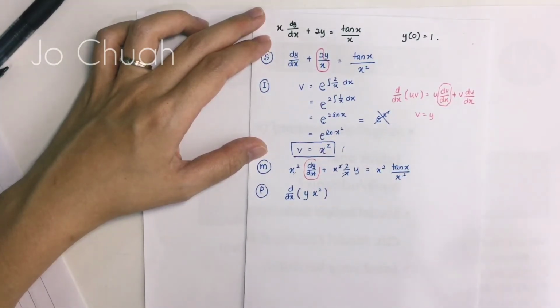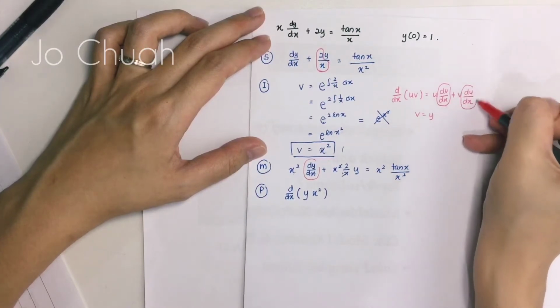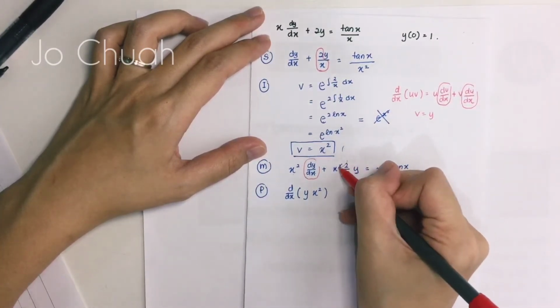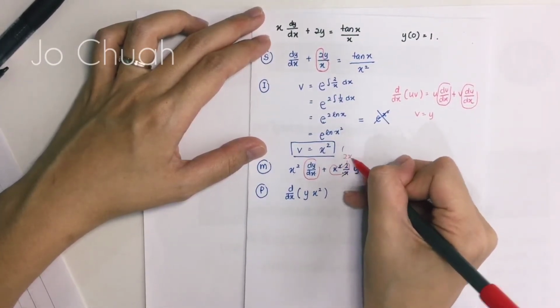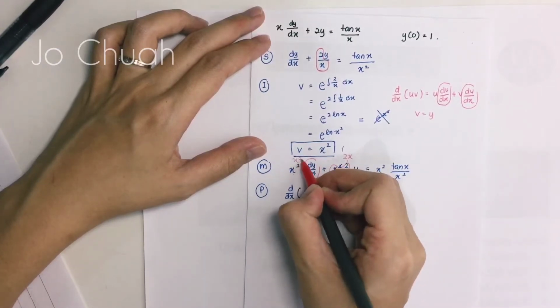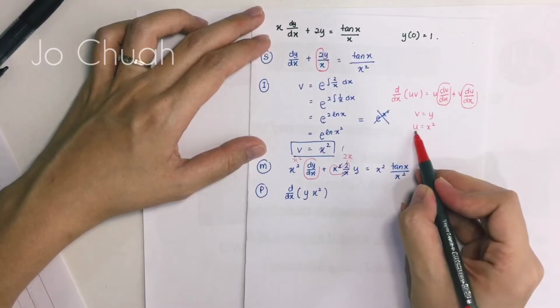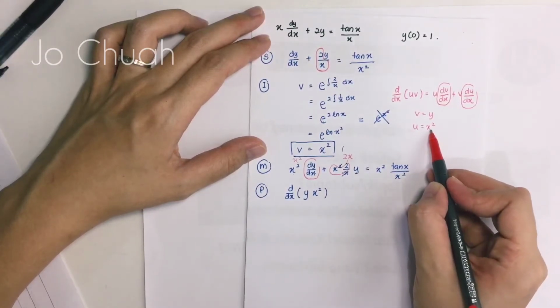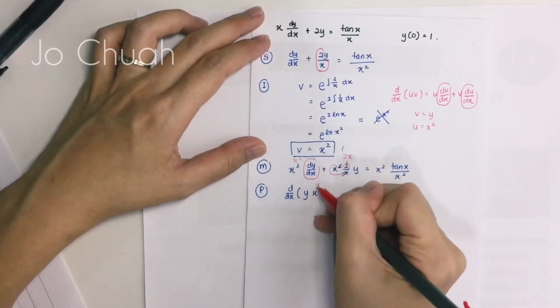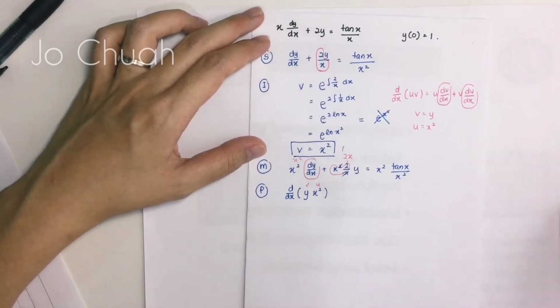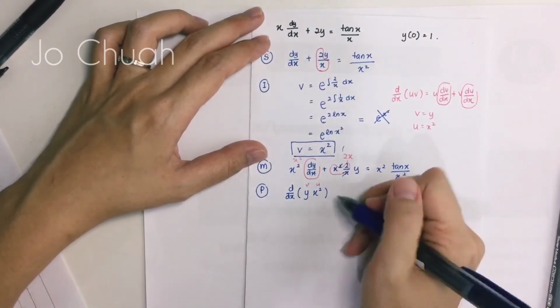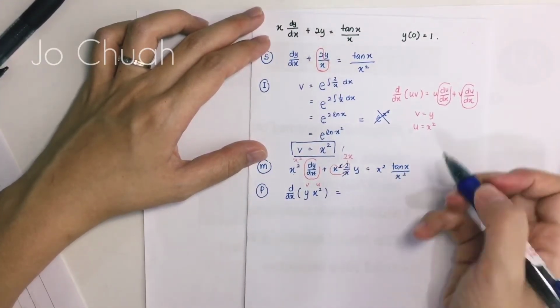Alright? And then what is your du over dx? This is left with 2x. And this is x squared. So your u is x squared. So when you differentiate u, you're going to get 2x. So this is your u, this is your v. That is how you get your product rule. Equals to, I'm just going to copy everything here.